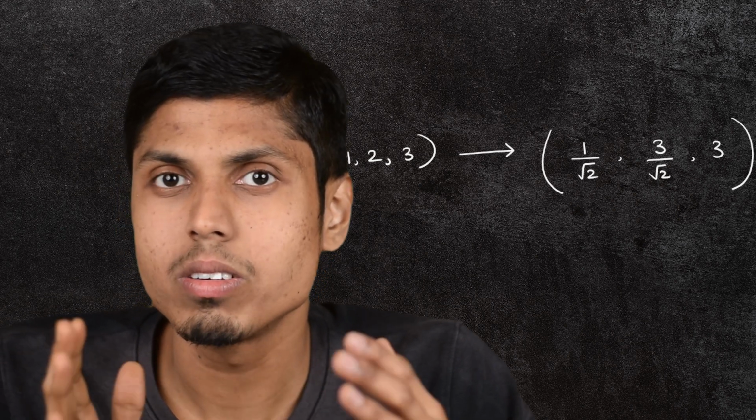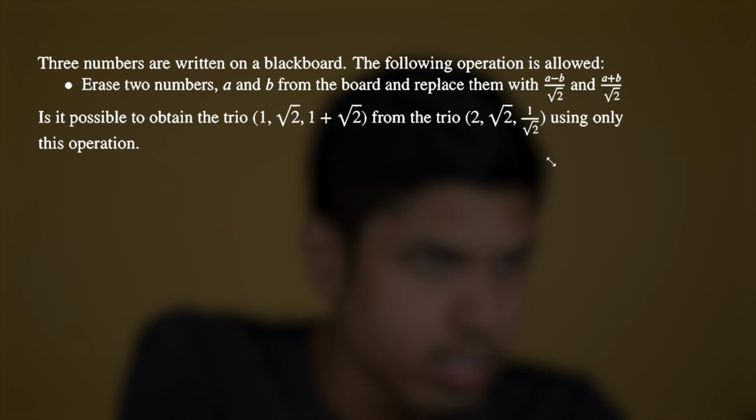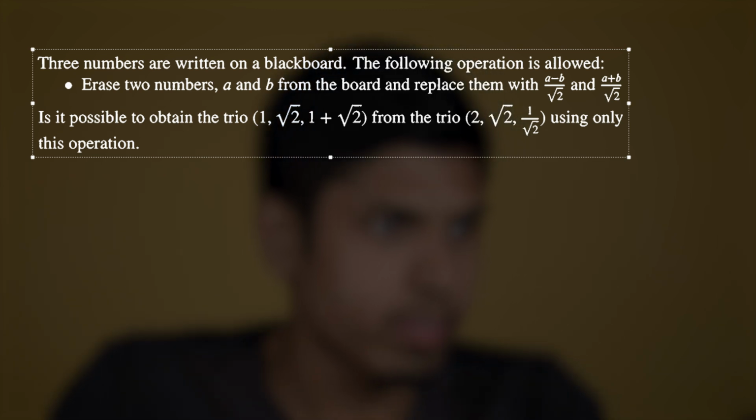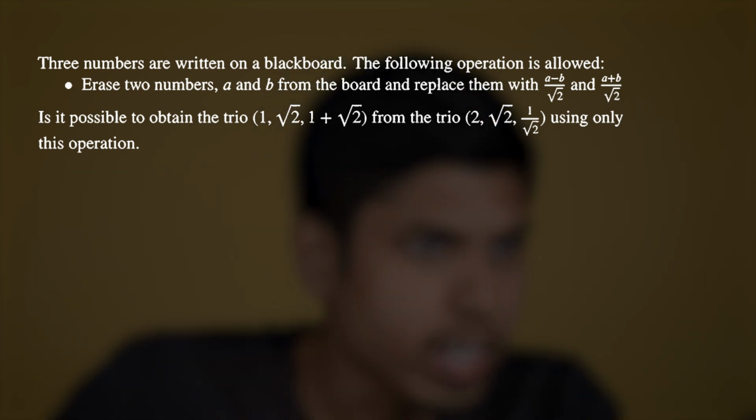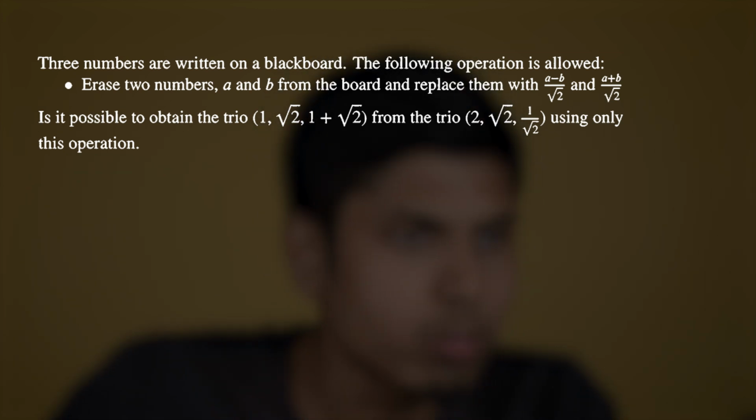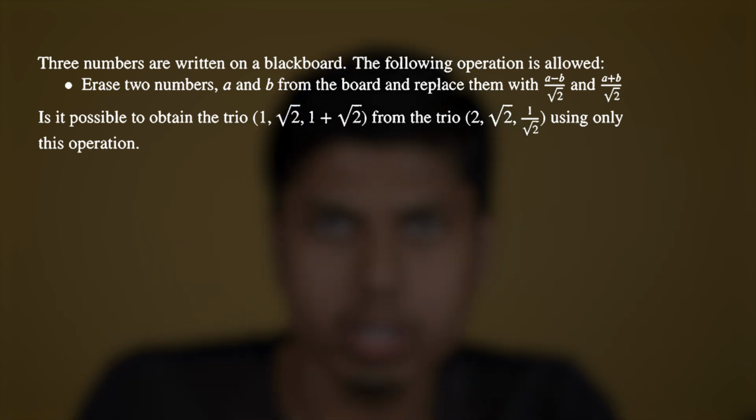Let's start with one of the sequences given in the question and check the feasibility for arriving at the final sequence. Let's get started. So here is the problem we are going to discuss today. The process is the same. If you start with a triplet, then you have to choose two numbers, erase them and replace them with their difference by root 2 and their sum by root 2.